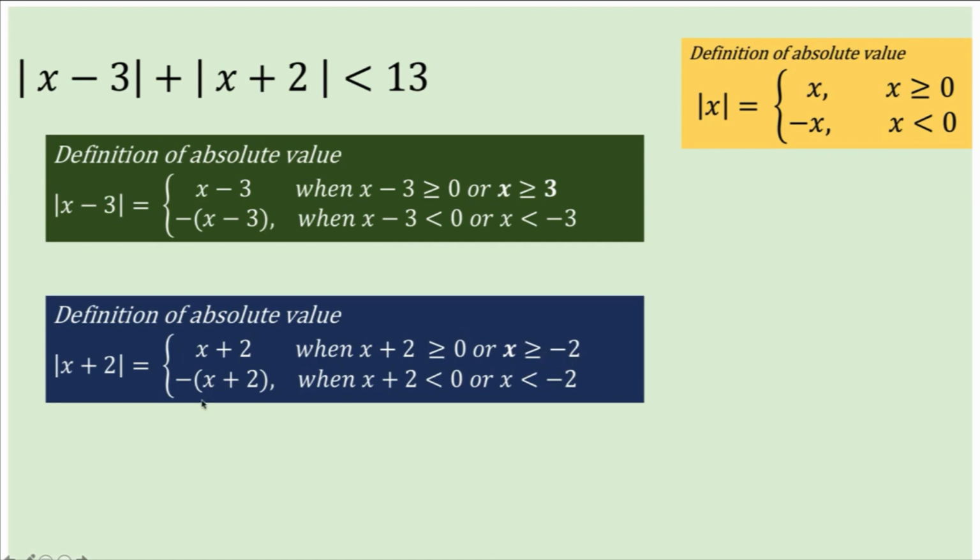The second part of the definition is you get the negative of the number inside. So you have negative of x plus 2 when that number inside is less than 0, and then you simplify this. So we now have here 4 cases, and we are going to analyze this inequality piece by piece using these 4 conditions.